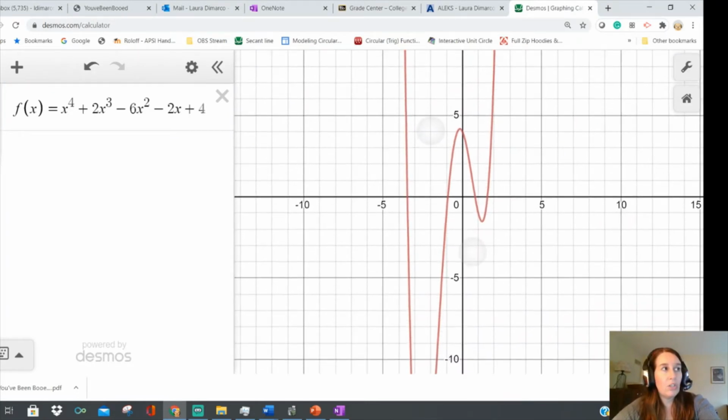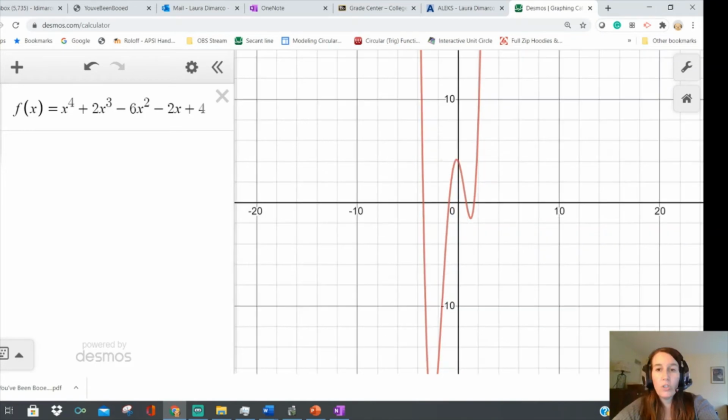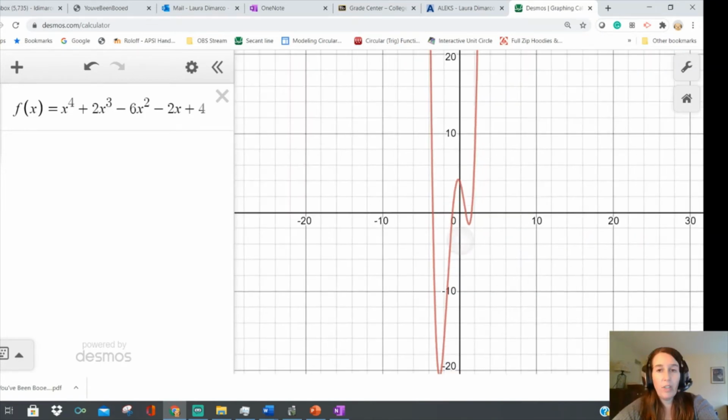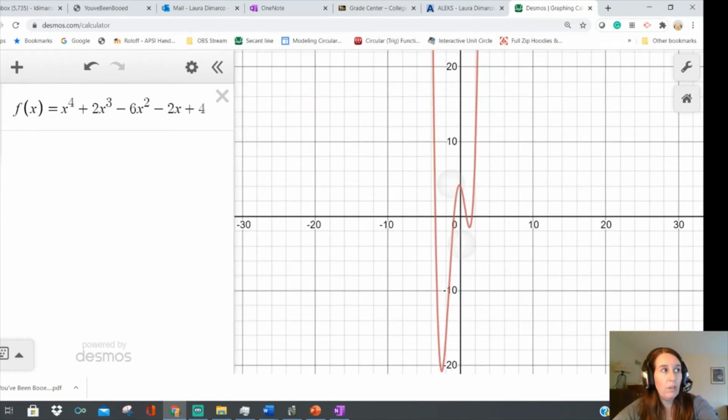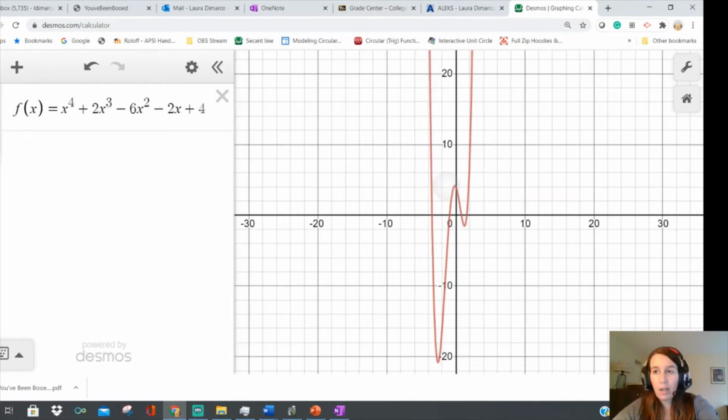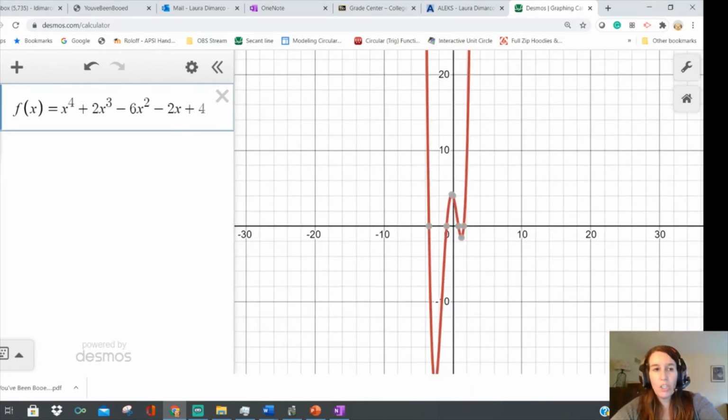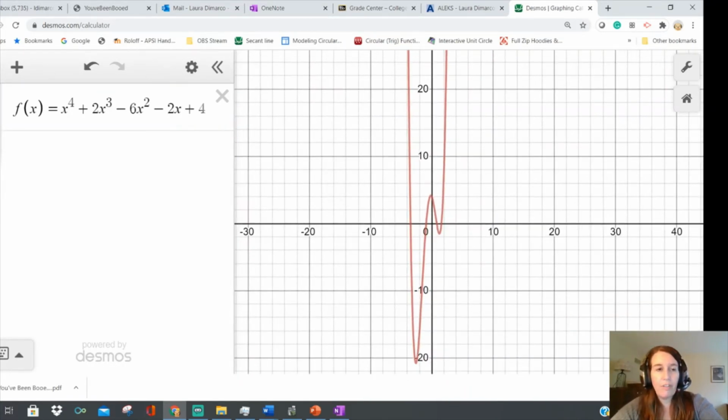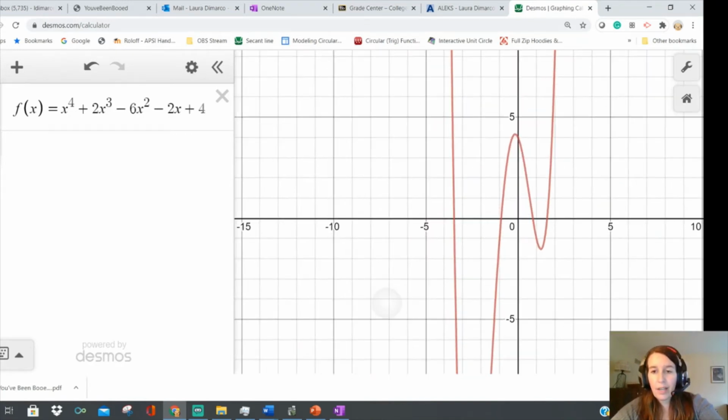I have a touch screen, so I'm just zooming out by grabbing with two fingers on the graph. That's really nice. You can also zoom in and out using the settings. But so you can see this whole function. Notice it is also a fourth degree function, positive, and you can see that it crosses the x-axis four times.